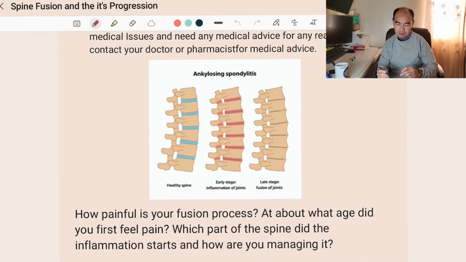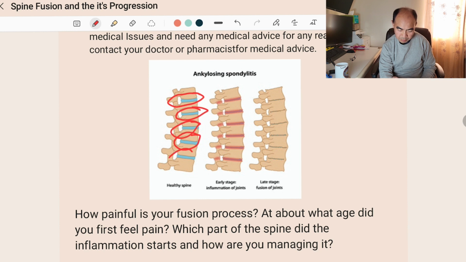So if we look at the chart here, this is a normal spine where you see your disc. This allows your spine to move freely. Now here, you're getting inflammation that is starting to cause issues.